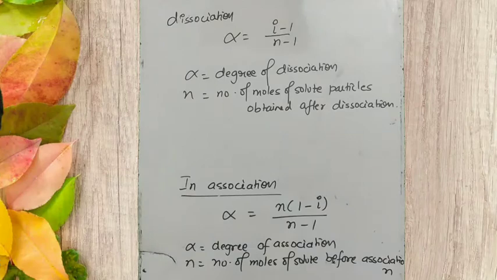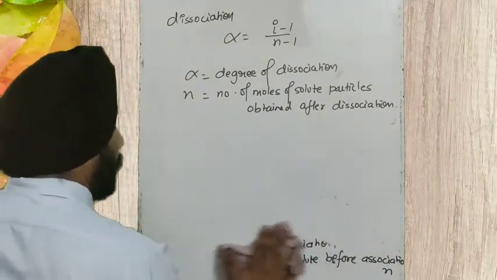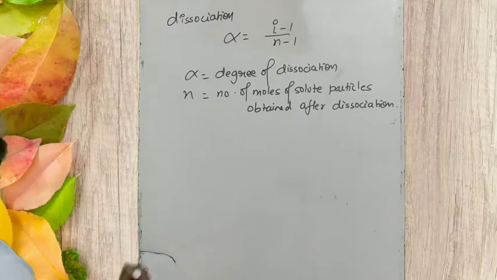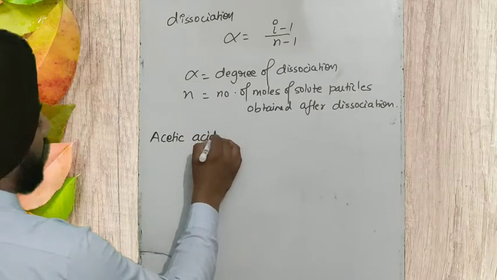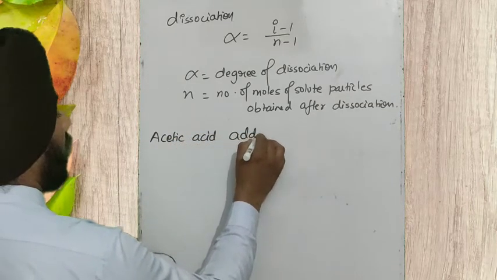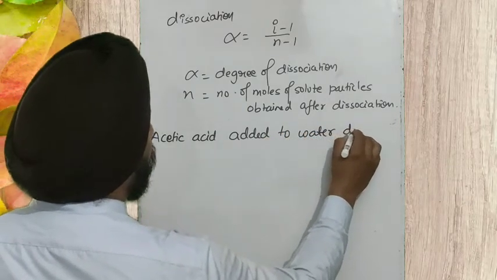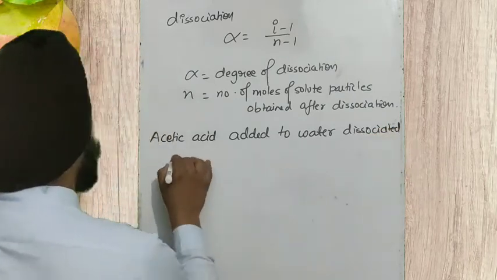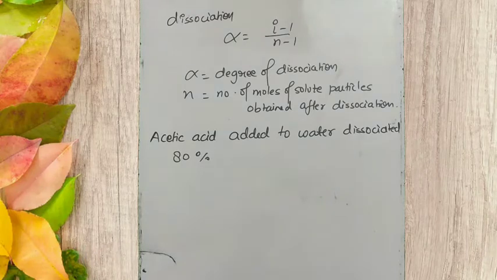Okay, we can take an example like acetic acid added into the water, dissociated 80%.